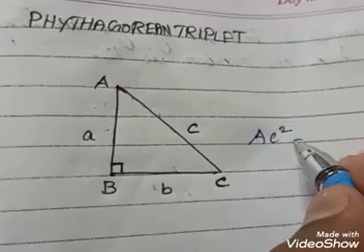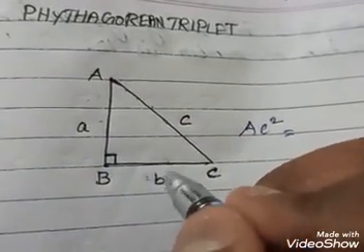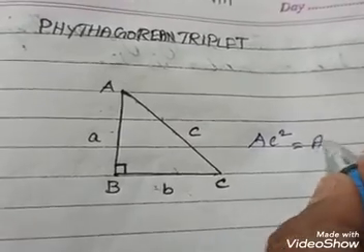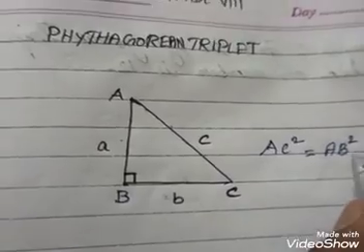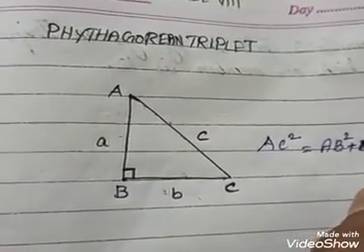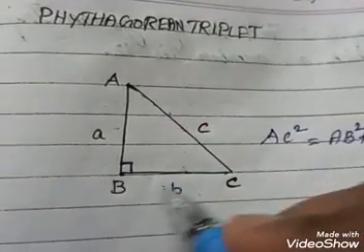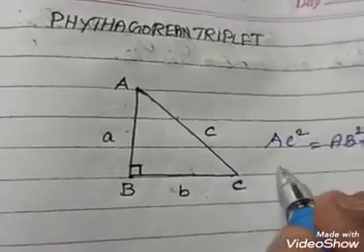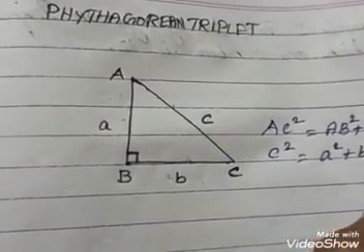It should be equal to, you take these two, square them, and add. For example, AB square, you take this side and square the value, plus BC square. So for example, C square is equal to A square plus B square.